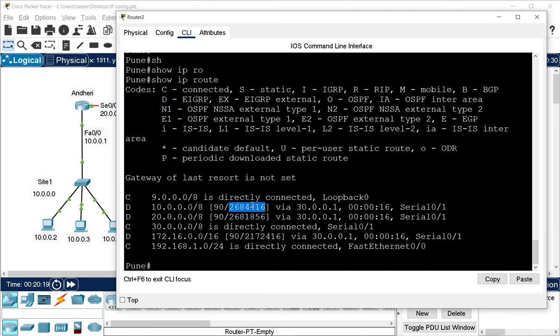It uses 5 different metrics, just like IGRP: bandwidth, delay, MTU, reliability. So it uses these different metrics, and it uses this composite calculated metric via this interface, the gateway.